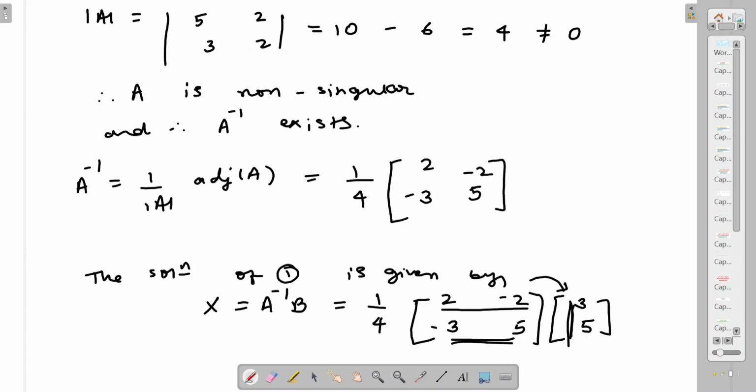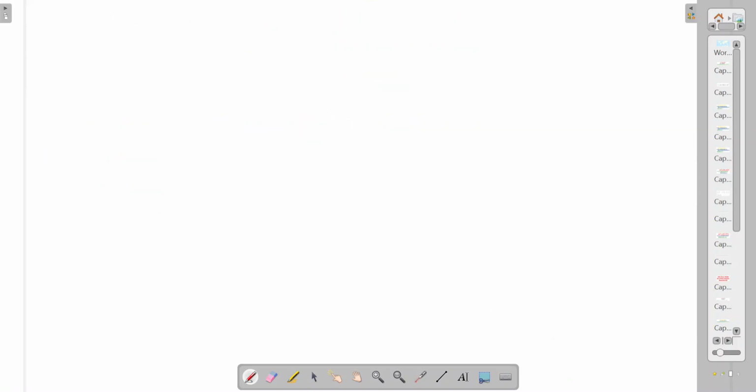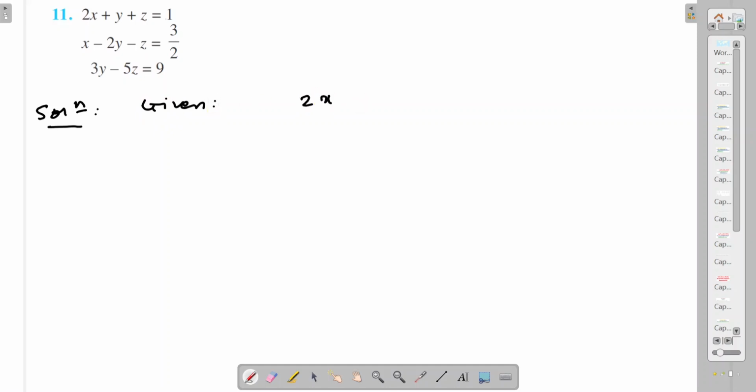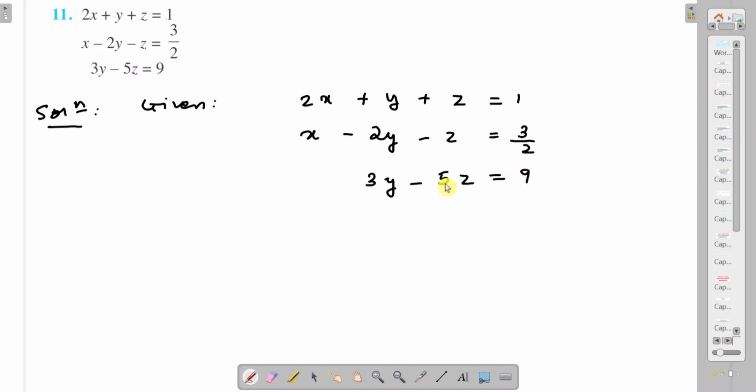Now we will solve problem 11. Here you have a 3 by 3 matrix. Given is 2x plus y plus z equal to 1, x minus 2y minus z equal to 3 by 2, and 3y minus 5z equal to 9.